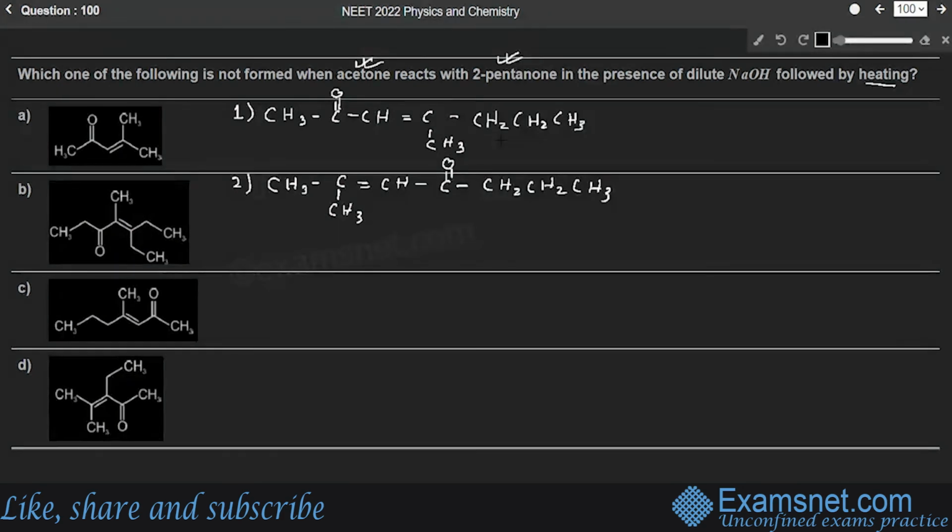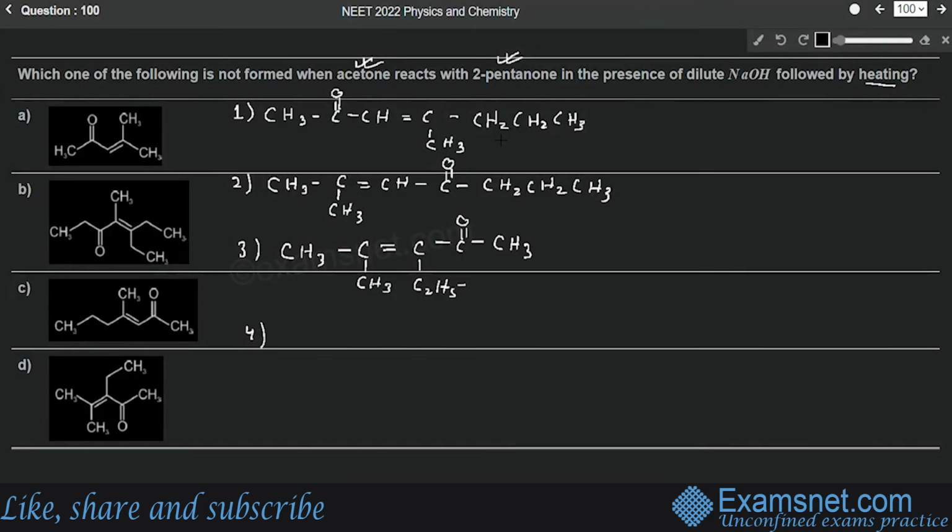Next possibility is that we will have a CH3 group here, then carbon, then a methyl group, then double bond carbon, and then this carbon containing an ethyl group, then a carbonyl group, and then CH3 again.